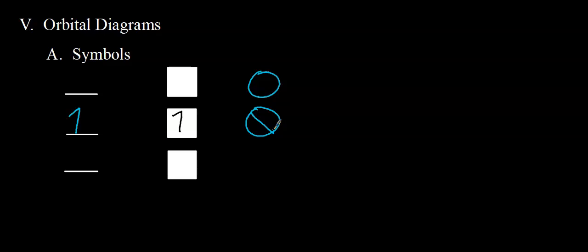And then a full orbital contains 2 electrons, looks like this. So either one of those is fine. Again, I'm going to be using the one to the far left. Notice that I've drawn the arrows pointing in opposite directions. I'll explain why in a little bit. So those are the symbols that we use in orbital diagrams.